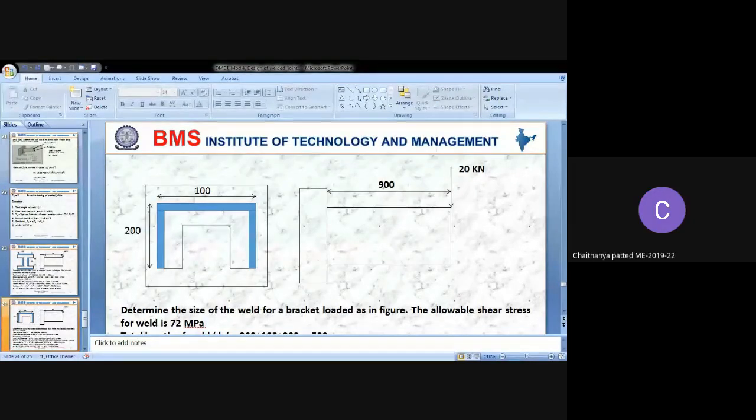Yes, sir. Darshan. Yes, sir. 15. Jain Bansali. Present, sir. 22. Jitin. Yes, sir. 23. Okay. Chaitanya Vamshi.